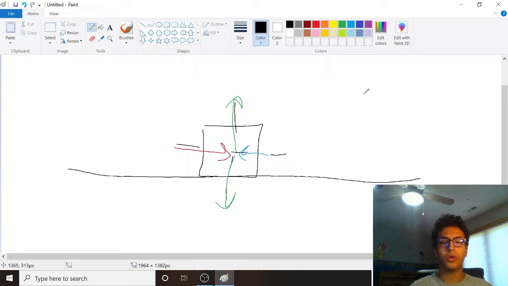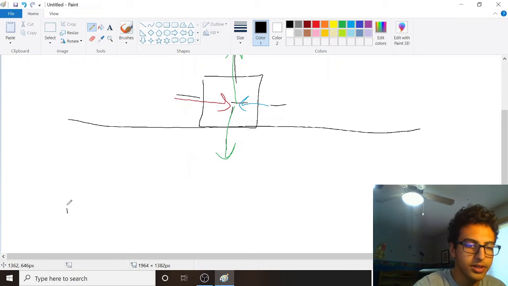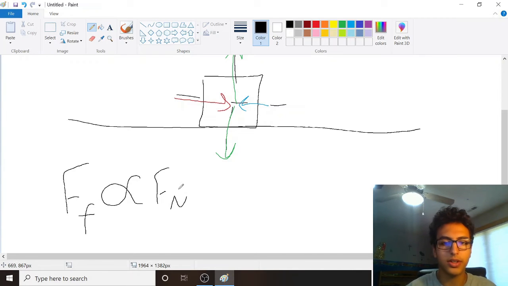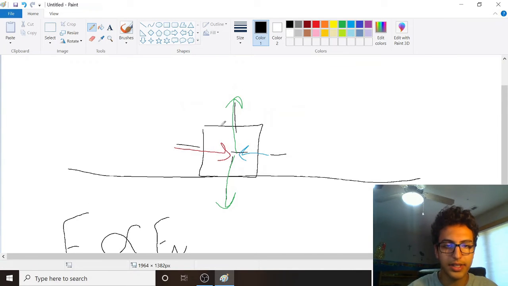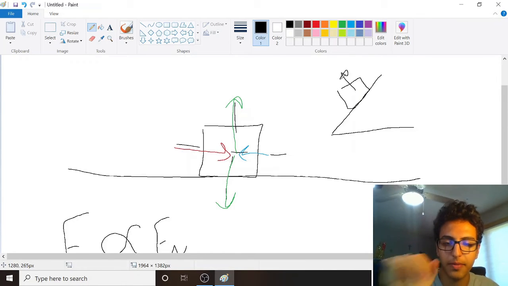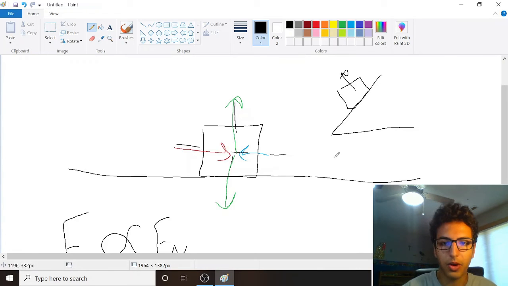Well, we know the force from friction is proportional to the normal force. And what does that mean? Well, what's the normal force? The normal force is this force going up. Okay, and if we did have an incline with a box on it, then the normal force would be going up here. So why is it proportional to the normal force?